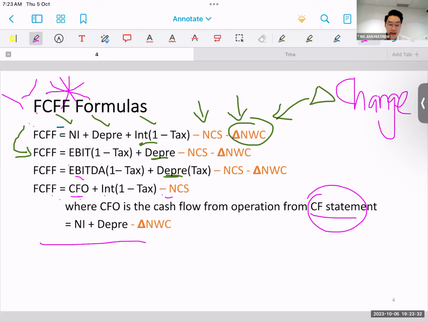And you do notice that for your FCFF, because you're calculating for the firm, you don't need to consider the debt component in your free cash flow, because it's to the firm, and firm meaning the debt and equity holders. So there's no plus net debt, which you normally see in your FCF.